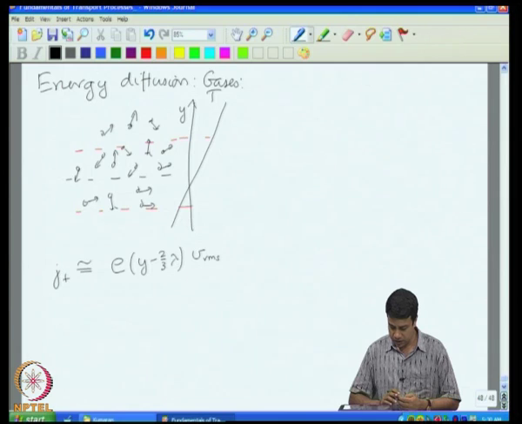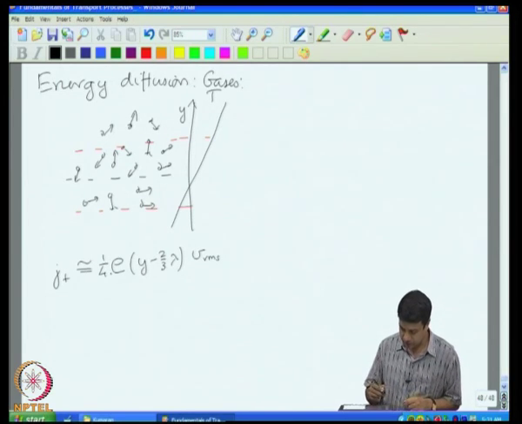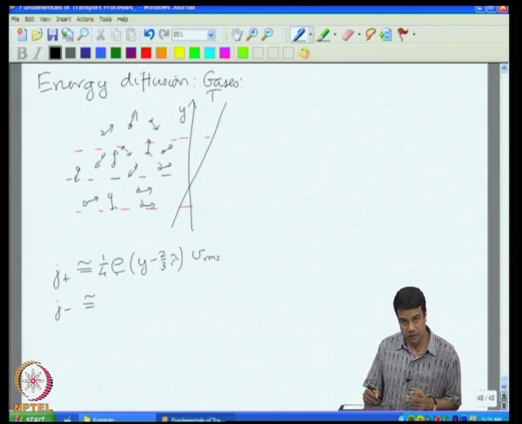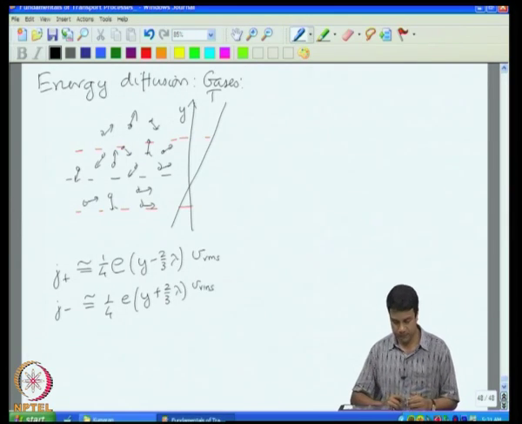The flux of energy that is going downwards from above, times some constant, which I said was approximately 1 by 4. The flux of energy going below comes from a distance of the order of lambda above the surface. So this will be 1 by 4 E at y plus 2 by 3 lambda into Vrms. So the net flux J is equal to J plus minus J minus.